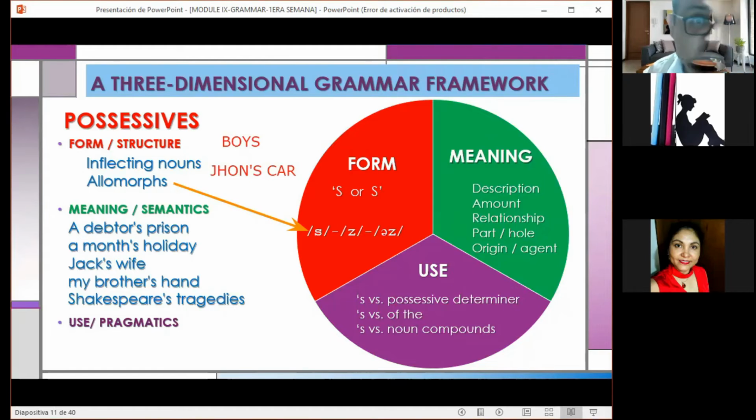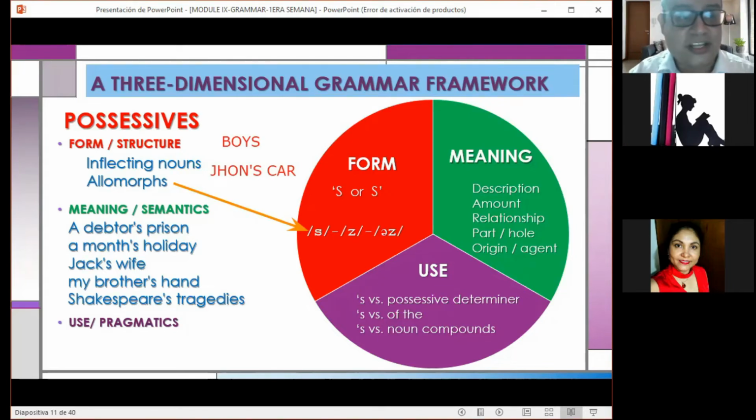Not just possession. Not just possession. We have different meanings for this structure, for this pattern. And as I told you before, related to the use, we need to know when to use this possessive case, the apostrophe or the genitive case, or use the possessive determiners, or use the of the, or use the non-compounds.